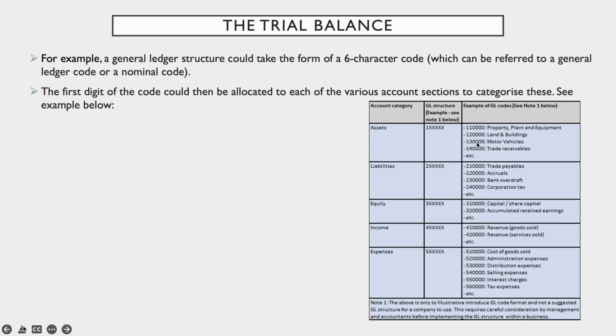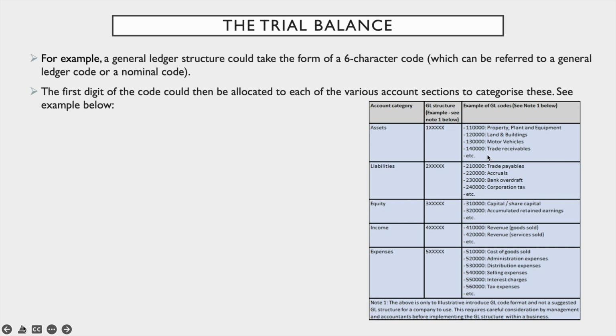And then the various accounts within each of those account categories would follow that numbering convention. So for assets here, 11 followed by 4 zeros would represent the account code for property, plant and equipment, and as we know, that is an asset. And then some different asset classes are here. We've just named the first 4, but there would also be others.